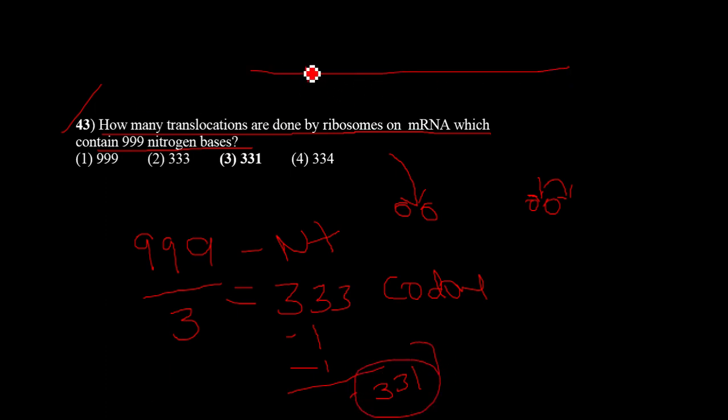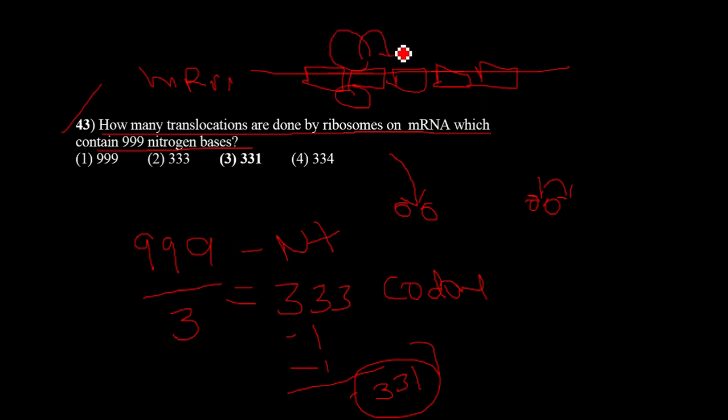See, this is one codon, this is mRNA. On mRNA we can see the codons, that is one codon, this is one codon, this is one codon, this is one codon, this is one codon. First, the ribosome will come and bind here, then it will jump from here to here, again it will translocate, again it will translocate.